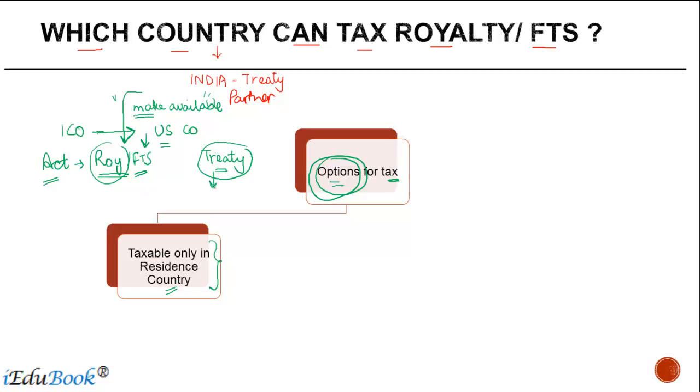So by virtue of this treaty, you've got a clause whereby the right which India had to tax is gone. And the income is taxable only in the country of residence.